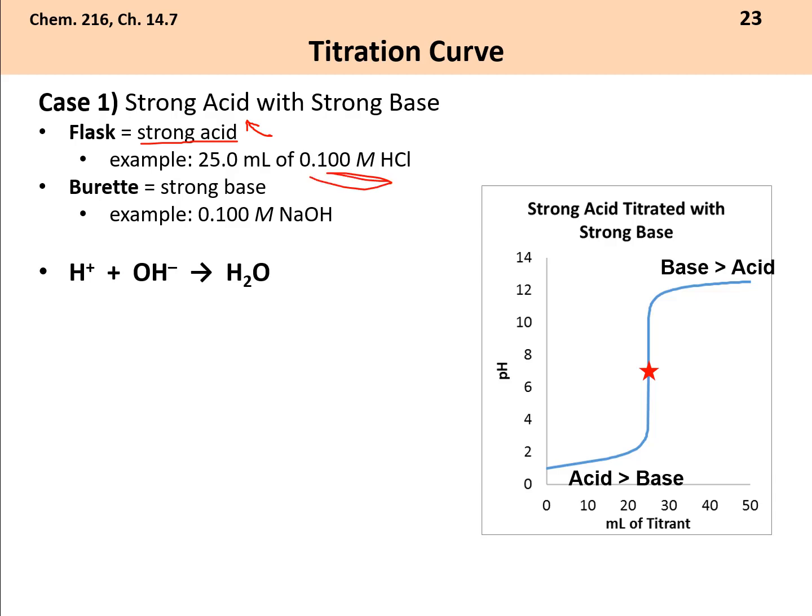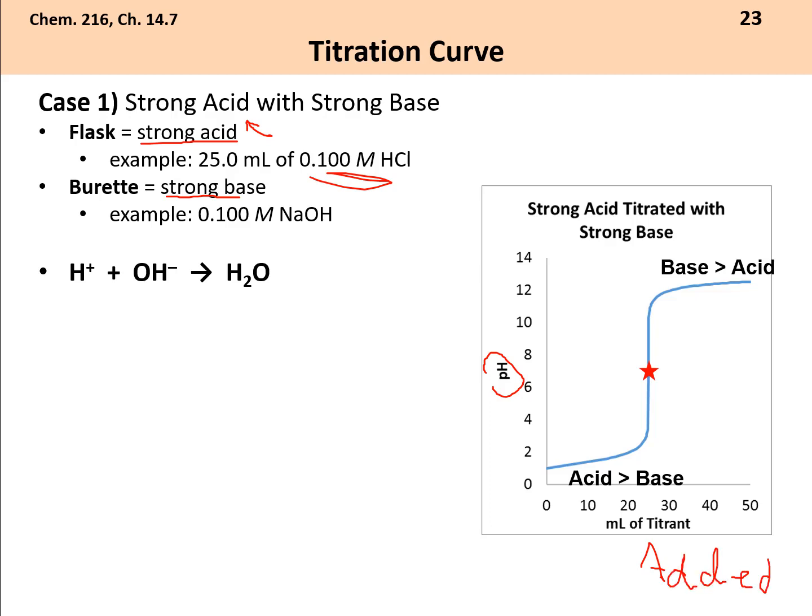But in this case, let's say I do know its concentration. And then I'm going to add to it with a burette a strong base. Over here on the right, this is the pH curve we'll see. Notice the pH, we have pH versus the mLs of titrant added.